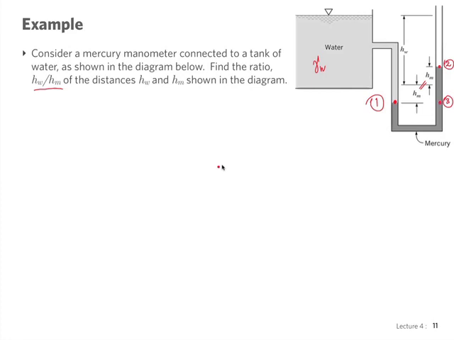And so let's be consistent with that so I don't make a mistake. Point 1 and point 3, the way that I've drawn them, are 2 points in the same fluid at the same elevation, and so they have the same pressure. So immediately I can write P1 is equal to P3 from the picture. 2 points in the same fluid at the same elevation.